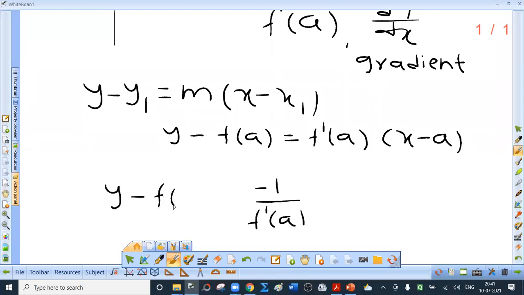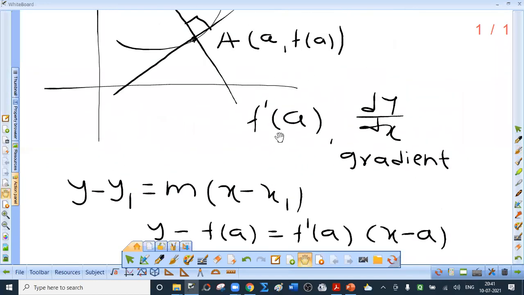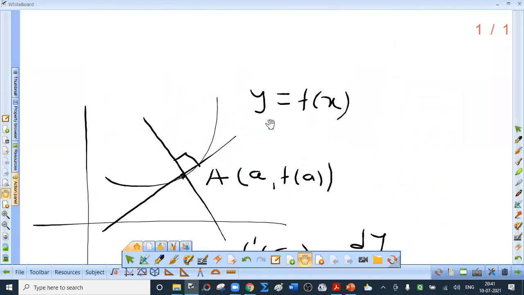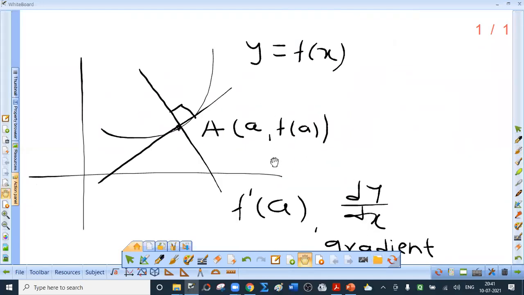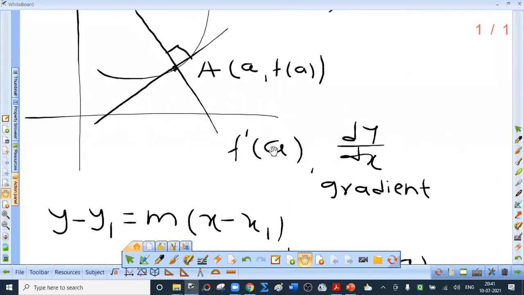So y minus f(a) equal to slope into (x minus a). Okay. Out of this discussion, you have to remember only one thing: the geometrical interpretation of the derivative dy/dx. dy/dx represents the slope of the tangent to the curve at a point on the curve.